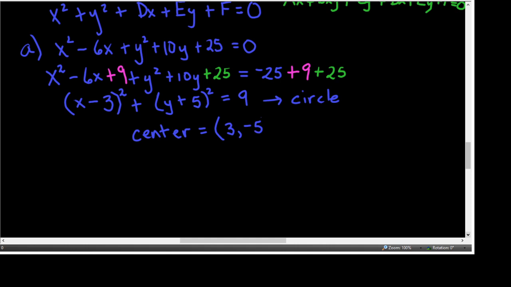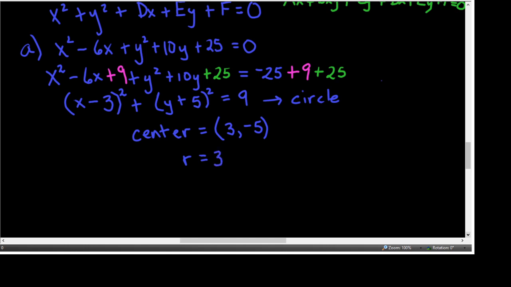You might want to keep in mind that you look for the opposite of the number you see. Since I see a -3 with x, that means the x coordinate of the center will be +3. Likewise, since the number with y is +5, the y coordinate of the center is -5. And then the radius is the square root of the constant on the right side. The square root of 9 is 3.